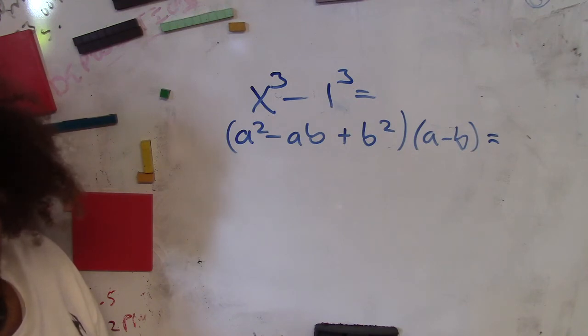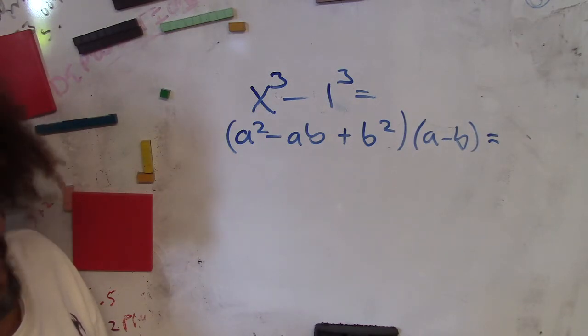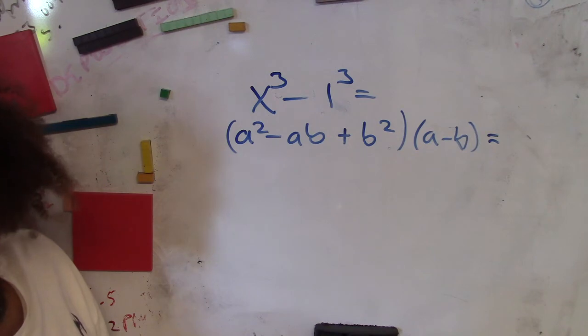We're doing difference of two cubes. I guess I did not write that one down. Well, what did you write down? I have the x squared minus 1. Do I need to do the lesson all over again?